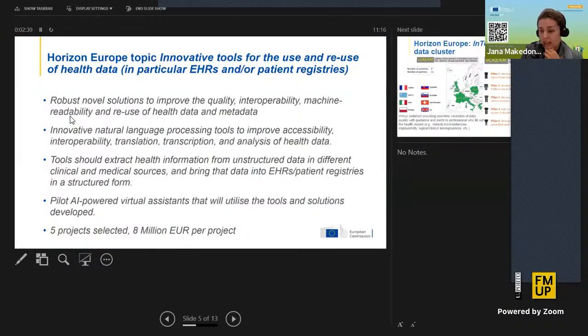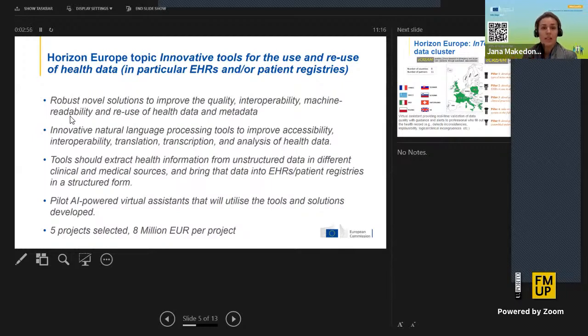Now, looking at the two relevant calls for proposals that resulted in very interesting projects that address data quality in some ways, one of them is innovative tools for the use and reuse of health data, in particular electronic health records and or patient registries. So we are funding 5 projects out of this informal cluster. We call it the Into EHR cluster, about 8 million each, so for each project.